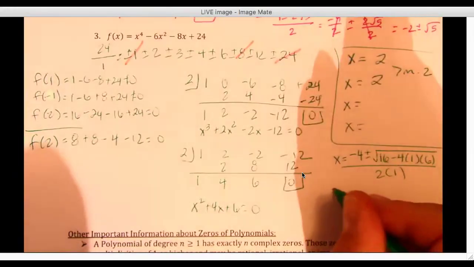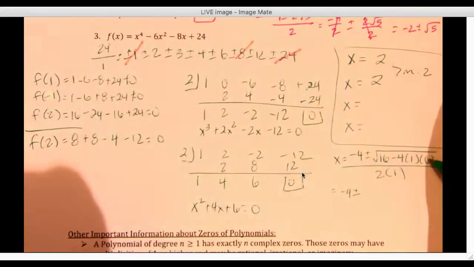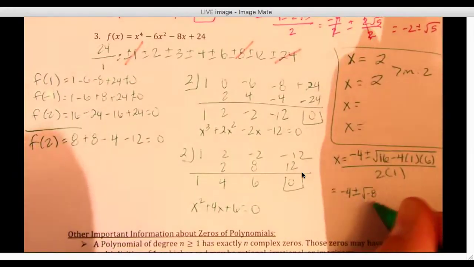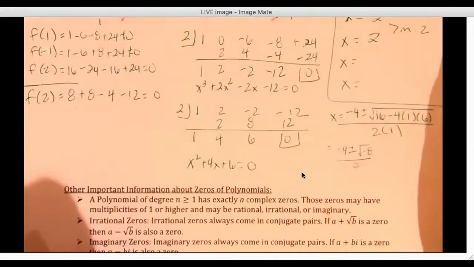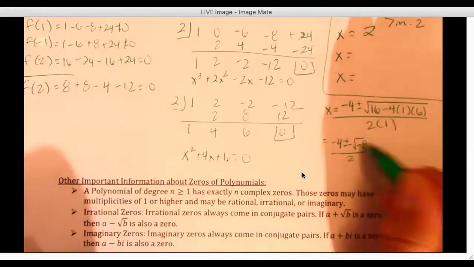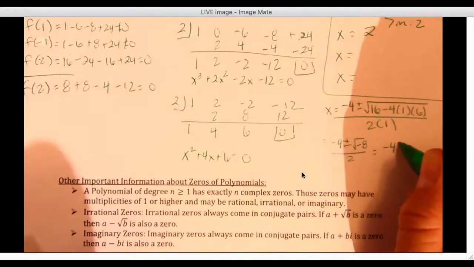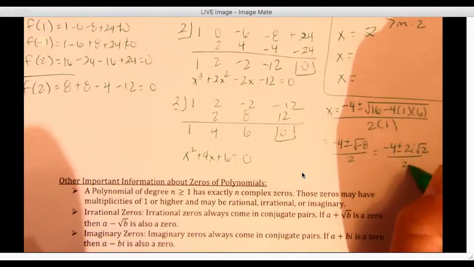Well, -4 plus or minus, and I have 4 times 6 is 24. 16 minus 24 is the square root of -8, and so we have imaginary numbers. So I have this -8 in here. I can rewrite that as -4 plus or minus 2i root 2 over 2.